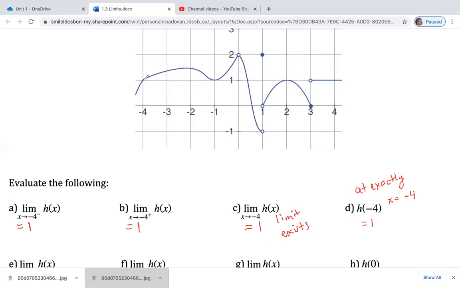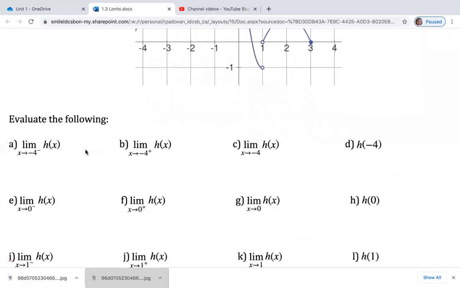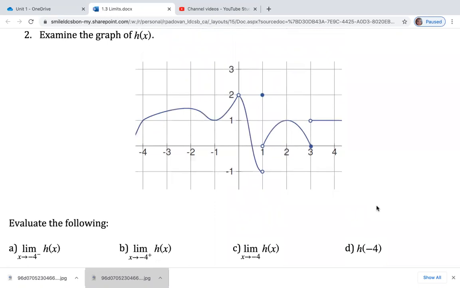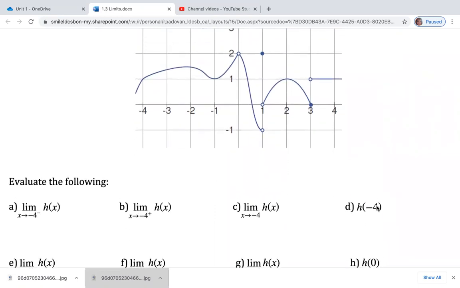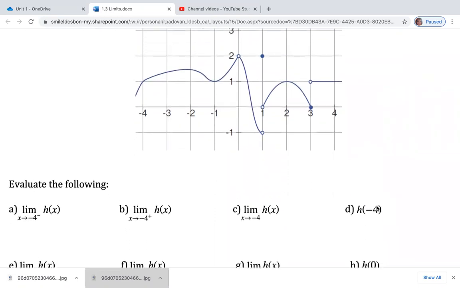Now we're going to be looking at the limit approaching 0. Zero from the left, 0 from the right, and h at exactly 0. So I'll go over the answers, then we can move up and write them in.